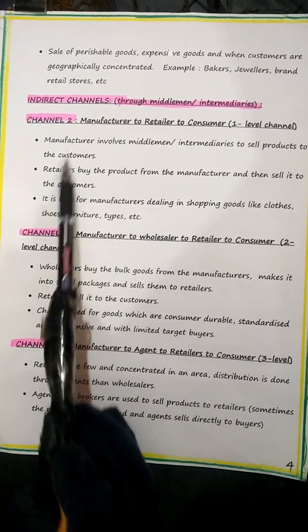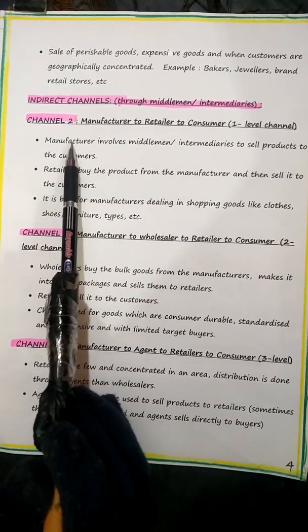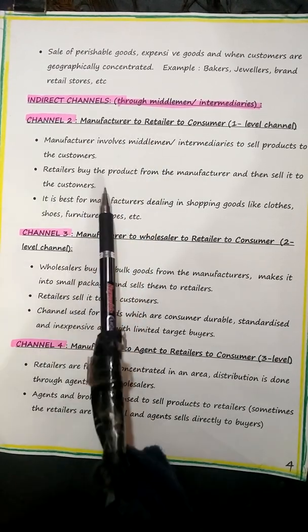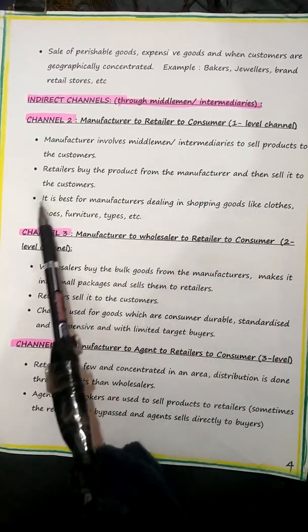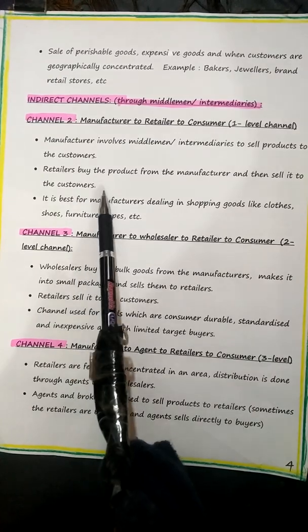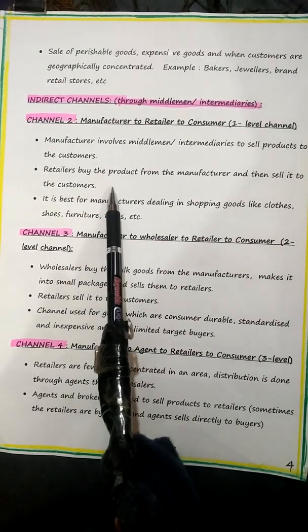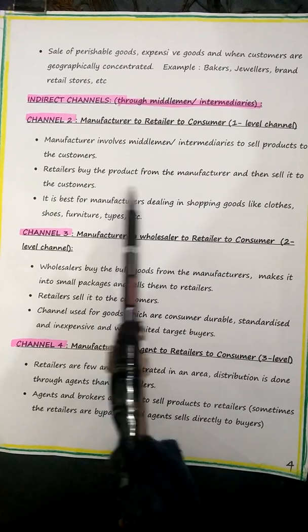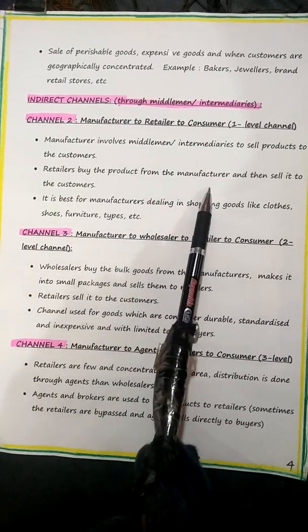Retailers buy the products. Look at the chain. First, the producer contacts the middleman, and the retailer as a middleman buys the product from the manufacturer and then sells it to the customers. Please make a note here, children. When they sell to the customer, an increase in the consumer base takes place, and also an increase in the range of target customers.